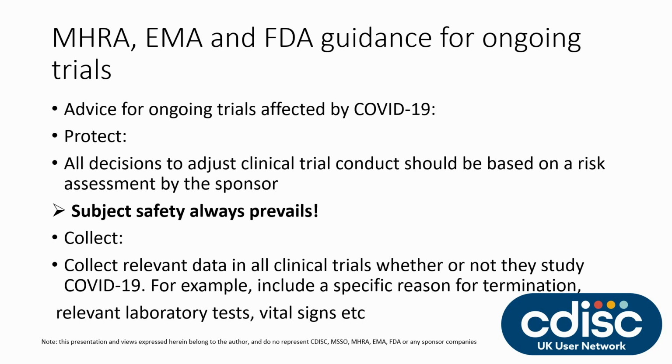The EMA document describes that all decisions to adjust clinical trial conduct should be based on a risk assessment by the sponsor. This is a GCP guideline, the good clinical practice from the ICH conference.